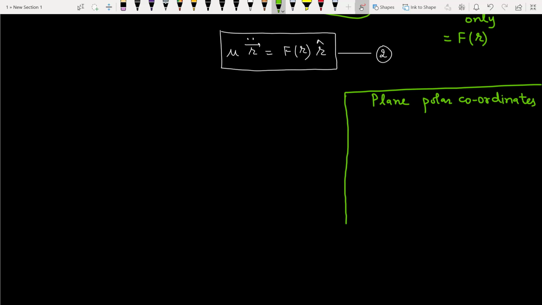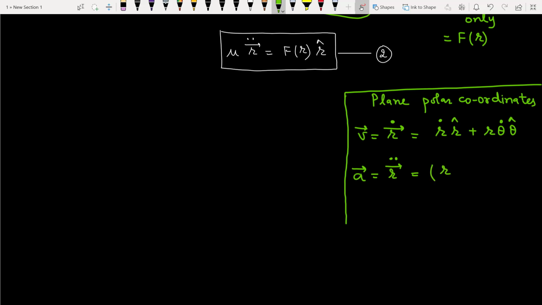As we have studied in plane polar coordinates, velocity is given by r vector dot, which is equal to r dot r cap plus r theta dot theta cap, and acceleration is equal to r double dot. First derivative gives velocity, second derivative of position gives acceleration.